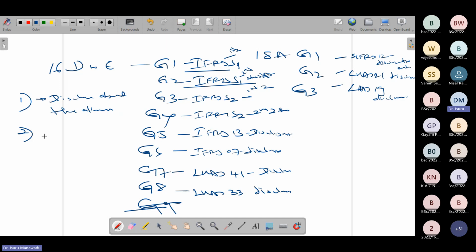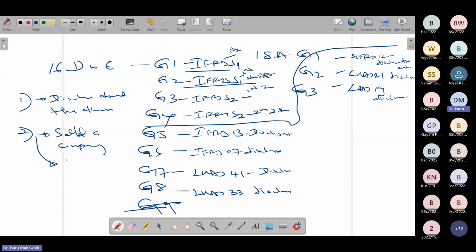Then number 2, particularly for the standards from group 5 onwards, you need to select a public listed company, and have a discussion with the respective person, maybe the CFO, about the disclosures of these respective standards. You have to have an interview.